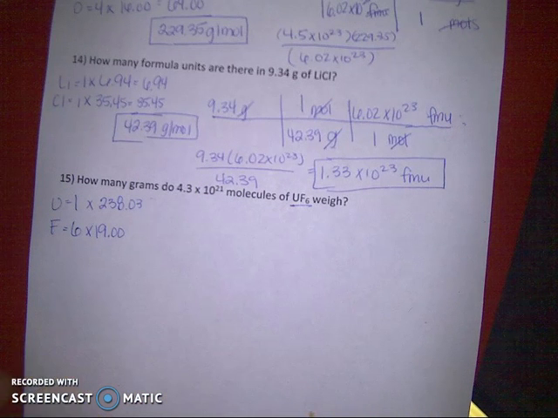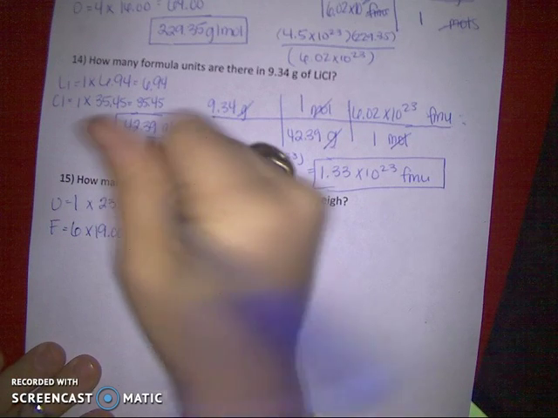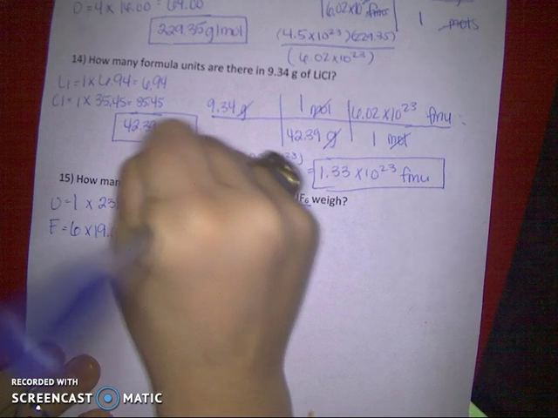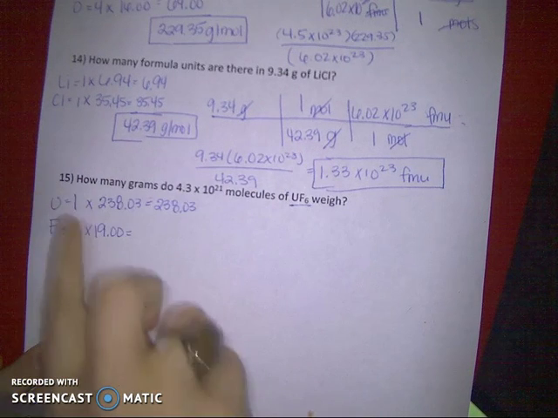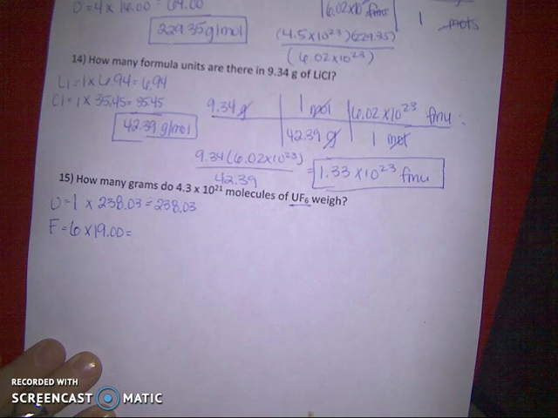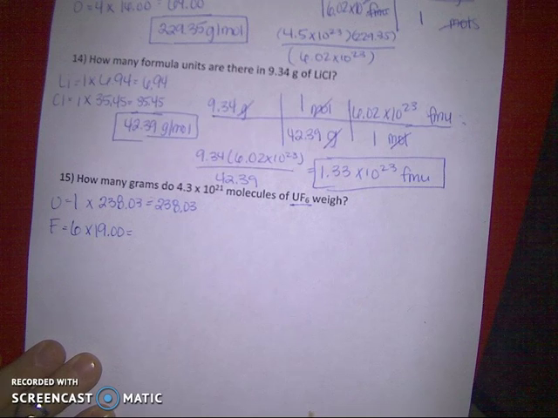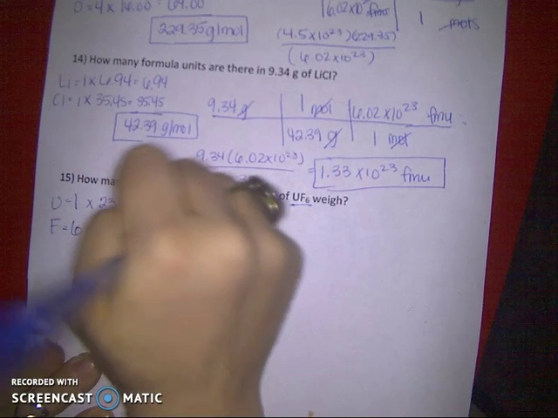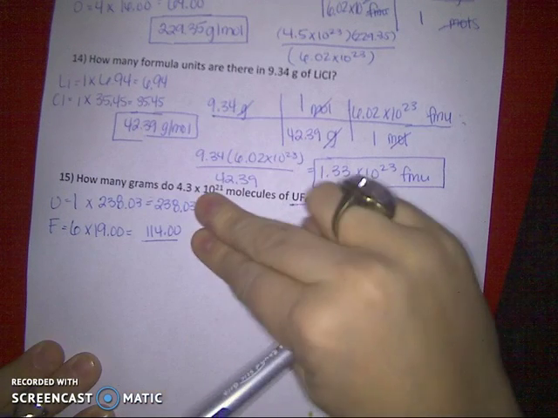So now what you're going to do is do the math for it. So 1 times 238.03 is equal to 238.03. I just said 1 times the number I had. It's itself. Then you're going to say 6 times 19. 6 times 19 is going to be equal to 114. Those are the masses of the individual elements.